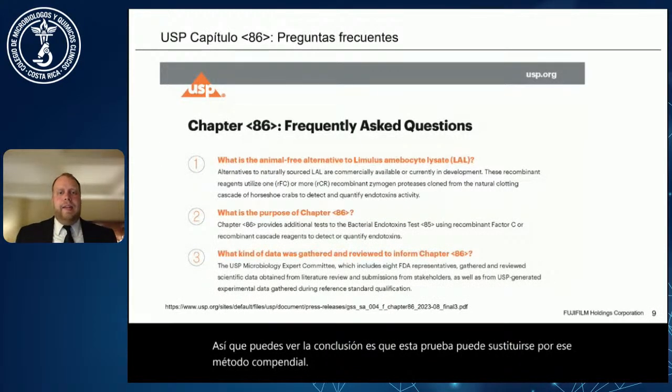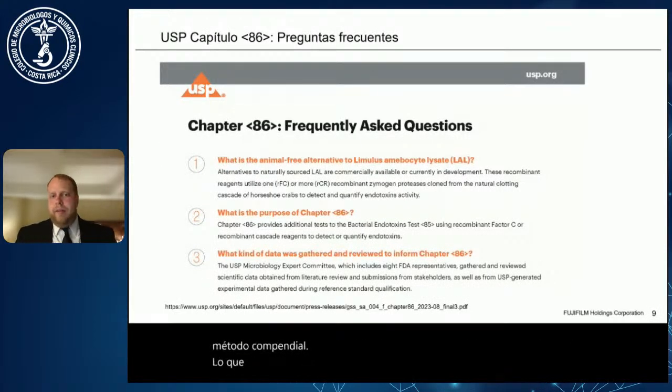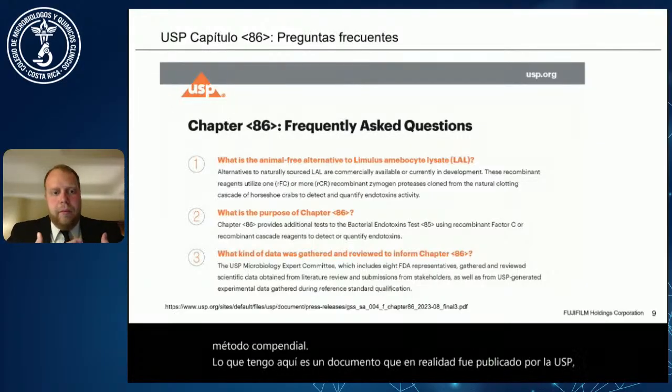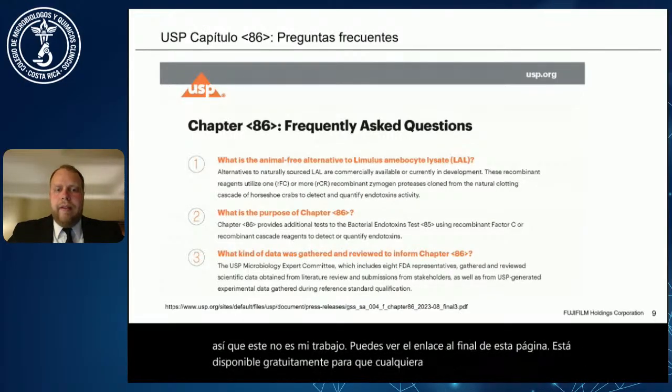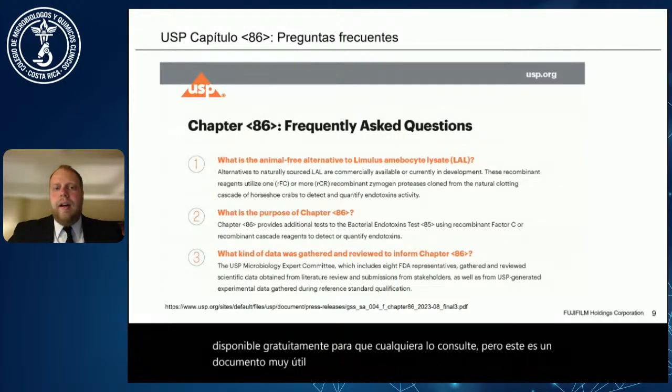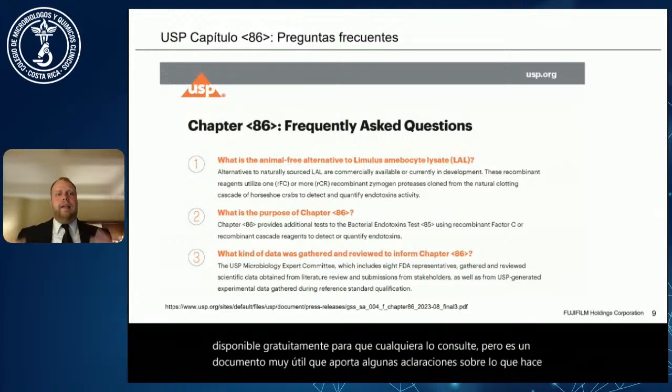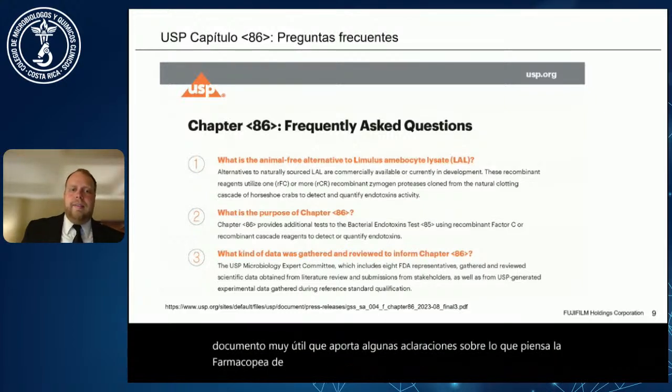What I have here is a document that was actually released by the USP, so this isn't my work. You can see the link at the bottom of this page. It's freely available for anybody to look up, but this is a very useful document which gives some clarifications on what the United States Pharmacopoeia is thinking with these methods.